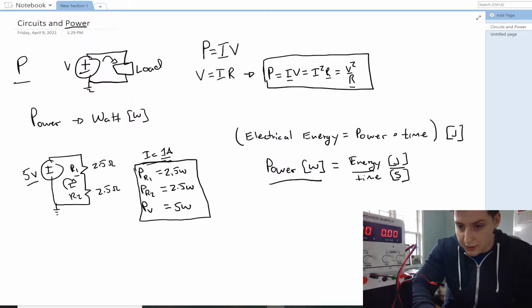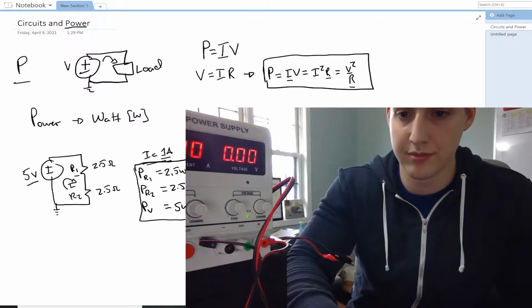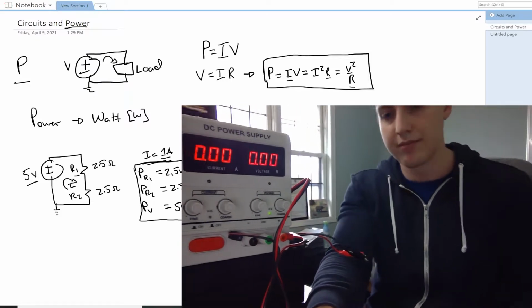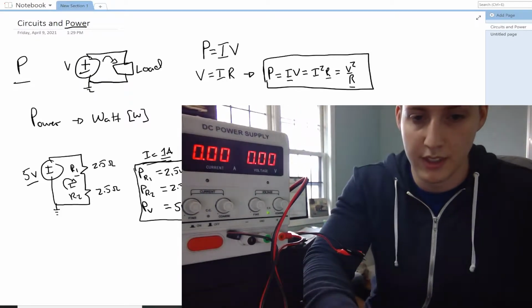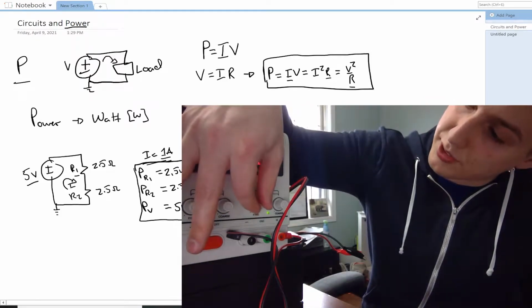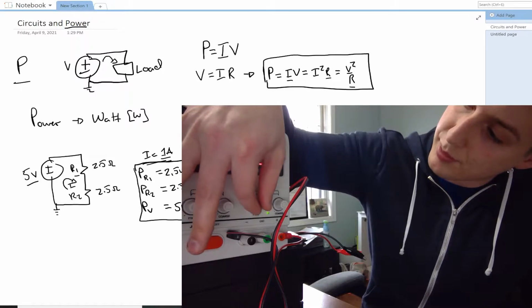Now we can expand the camera a little bit, and let's try to get everything in view. So we can start applying a voltage to the resistor.